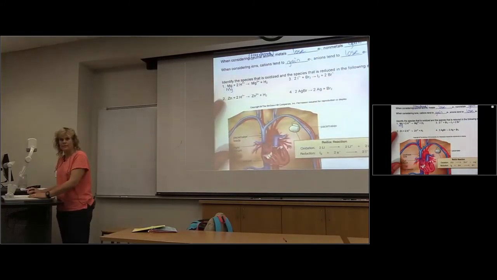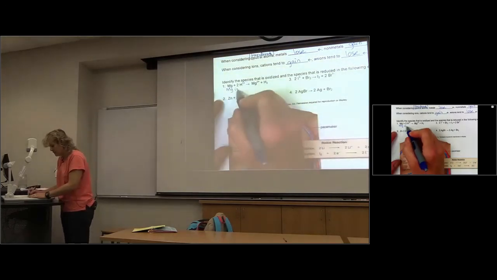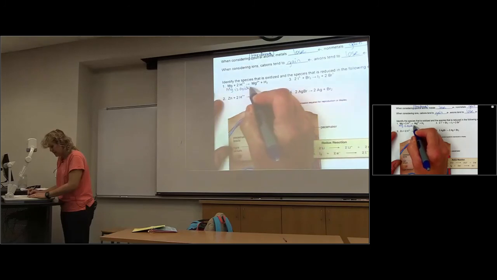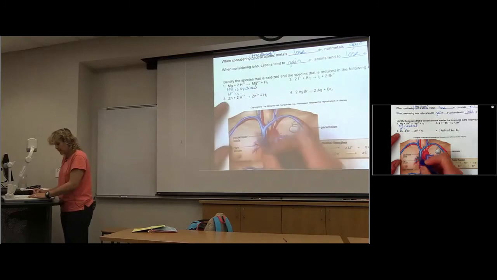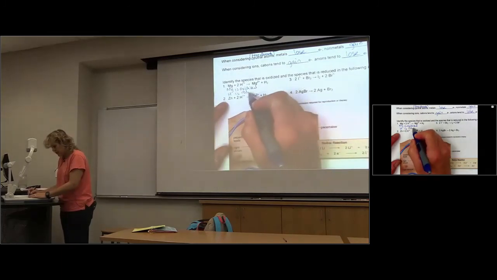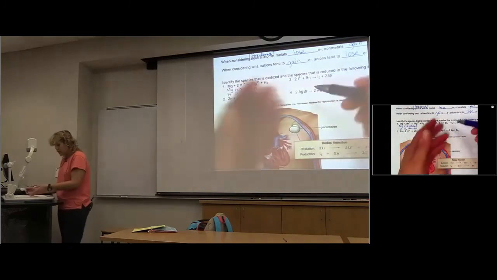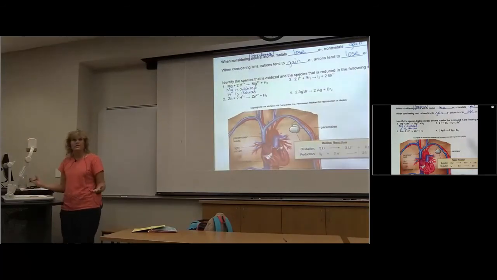How does it do that? It loses electrons. So magnesium is oxidized, which means hydrogen is reduced. Now these first 3 are very simple because there's nothing else in there. So it's one is one thing, the other's the other. Don't make that harder than it is. If one's oxidized, the other one's automatically reduced.